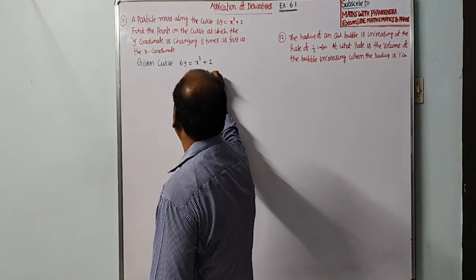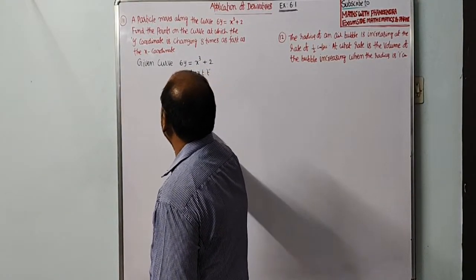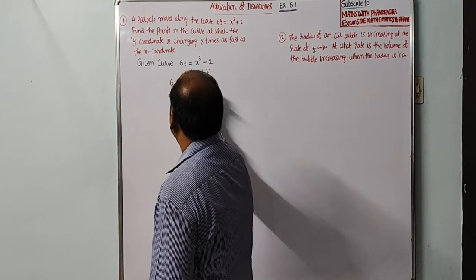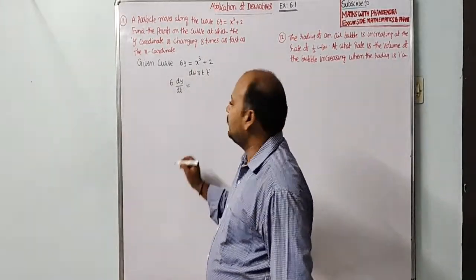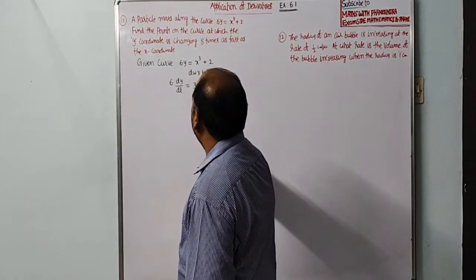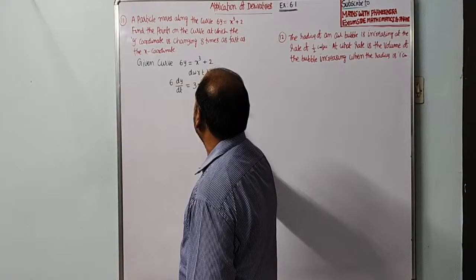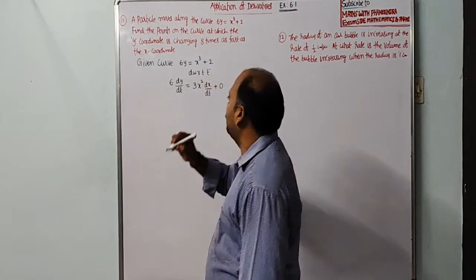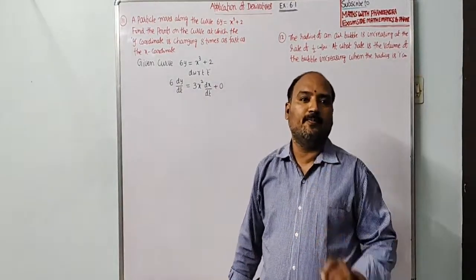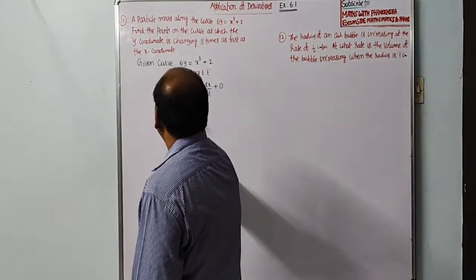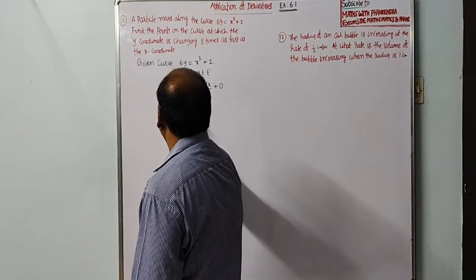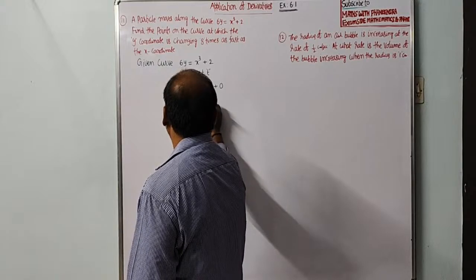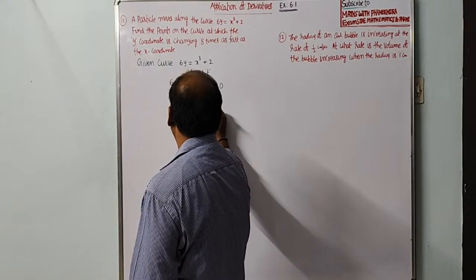So 6 into dy by dt is equal to x cube derivative 3x square. Again, x derivative with respect to t is dx by dt plus 2 constant whose derivative is 0. Next, 6 times of dy by dt is equal to 3x square into dx by dt.